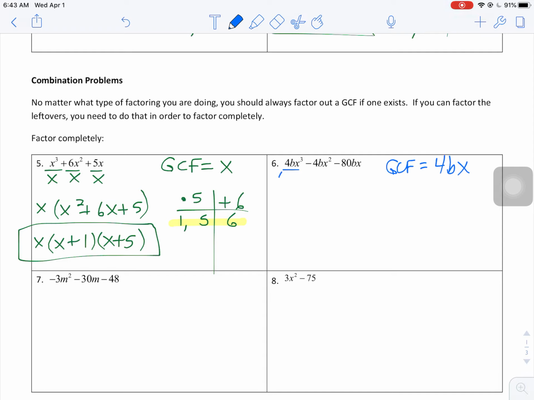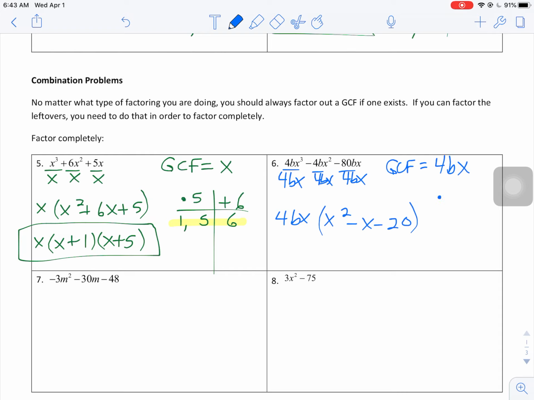So I want to factor out my GCF of 4bx first. So 4bx out in the front, and then your leftovers in the back. And then when I look at my leftovers in the parentheses, it looks like it's a basic trinomial.